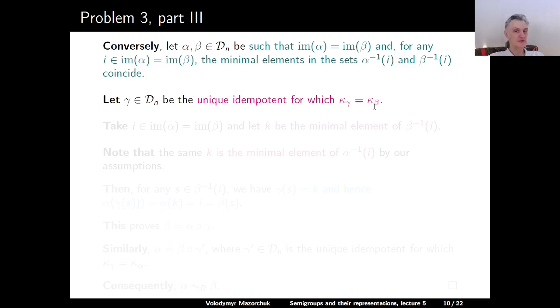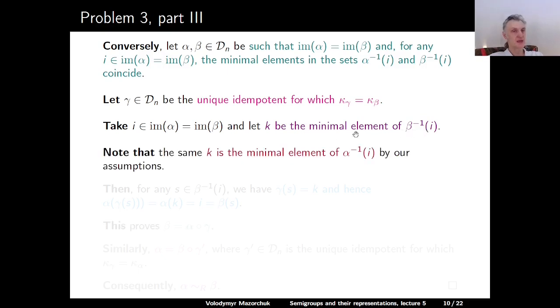So for any equivalence relation, we have a unique idempotent in Dn. If we take the equivalence class, everything there sends to the minimum element in this class. Take I in the common image and let k be the minimal element in the preimage of I under beta. Note that the same k is the minimal element in the preimage of I under alpha by our assumption.